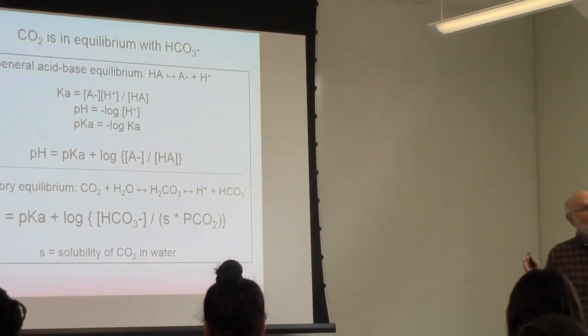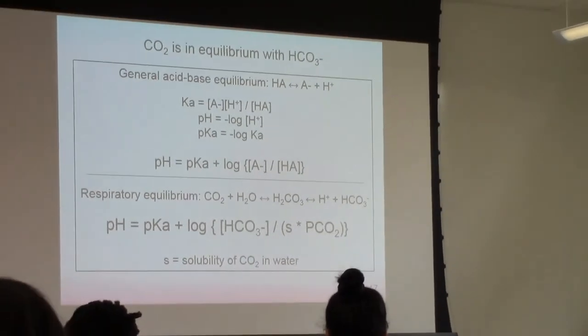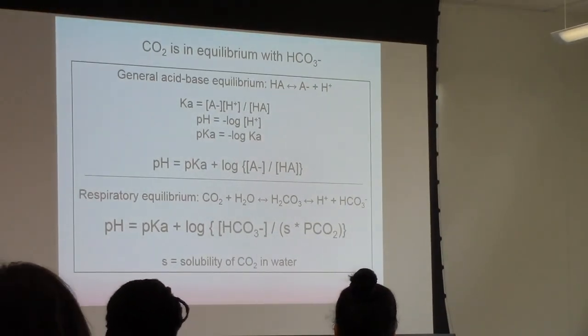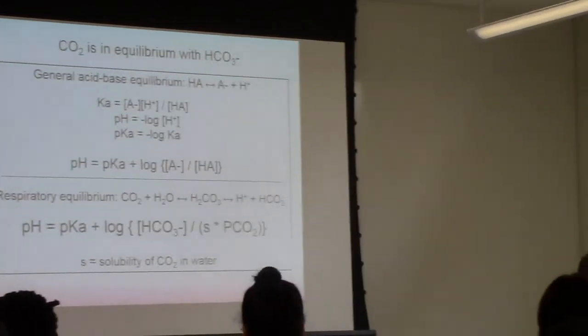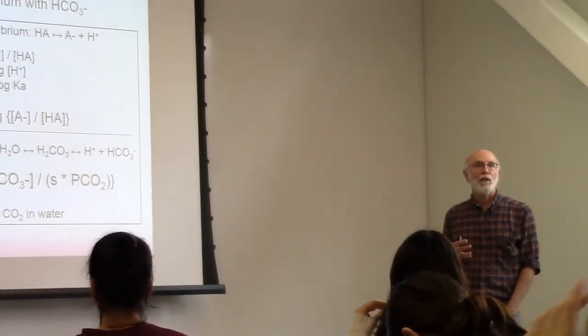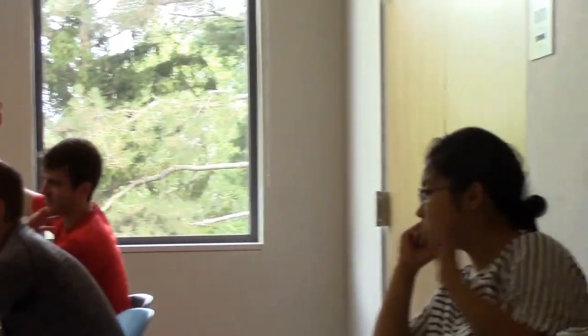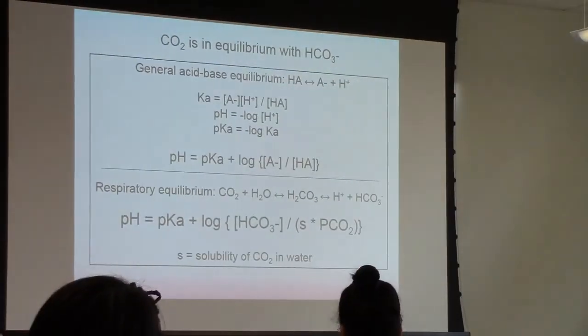Okay, so the last point for today is the well-loved Henderson-Hasselbalch equation. How many of you have had the Henderson-Hasselbalch equation in any chemistry setting at all? Okay, almost all of you have had that. So here is the general form of an acid.